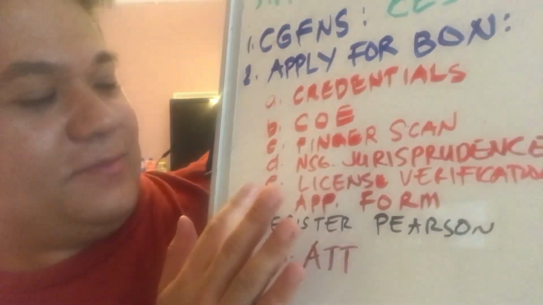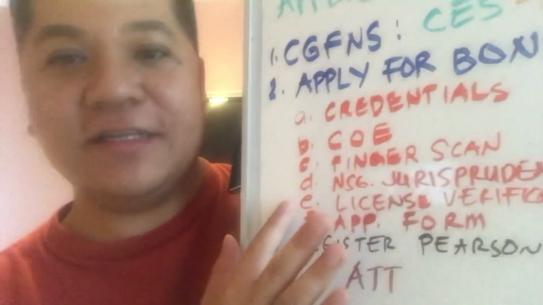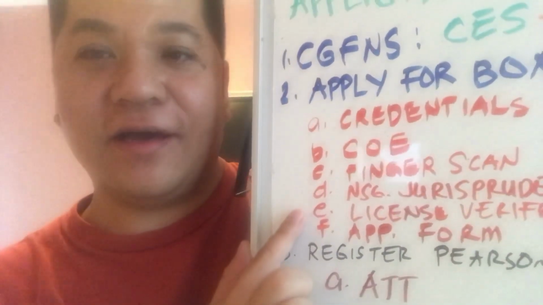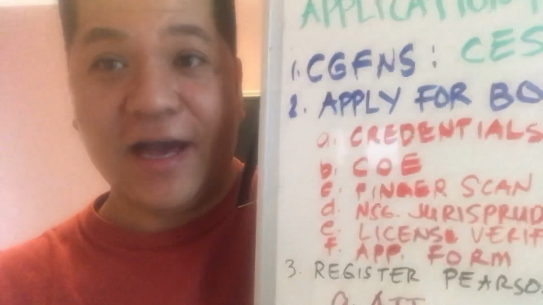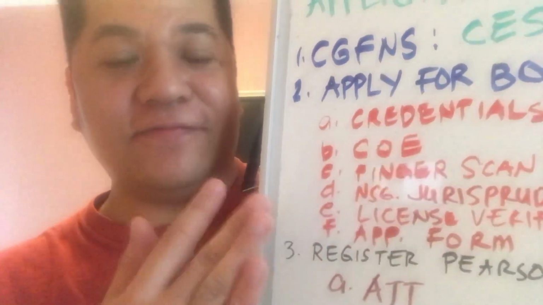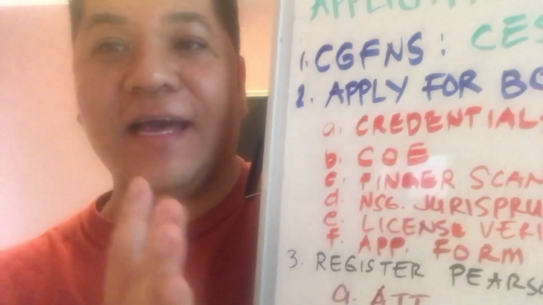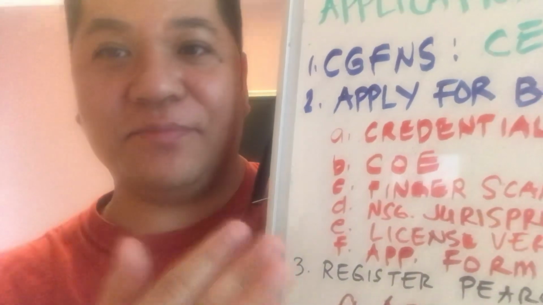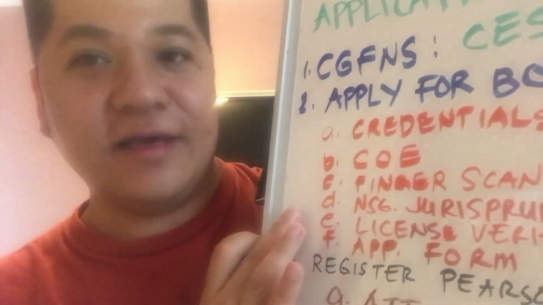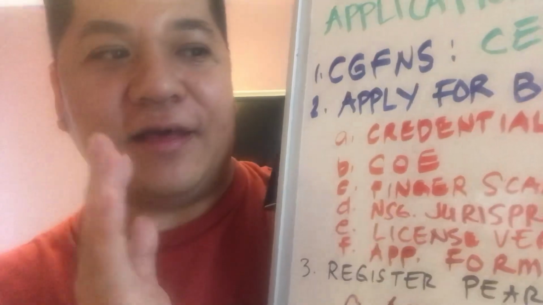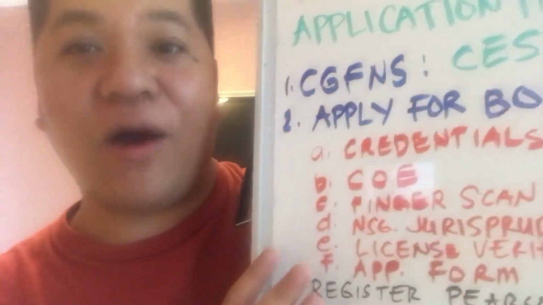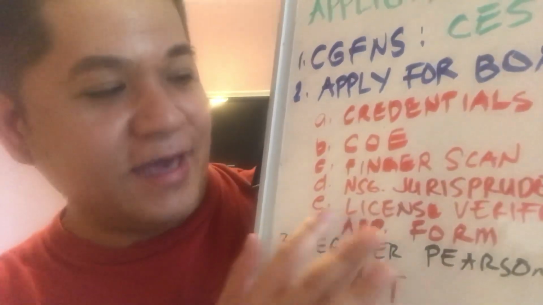The next step is a license verification. Although we already did it on CGFNS, if your license has not expired yet, it's okay, it's good. But if it's expired, the BON of Texas will require you to do a license verification.